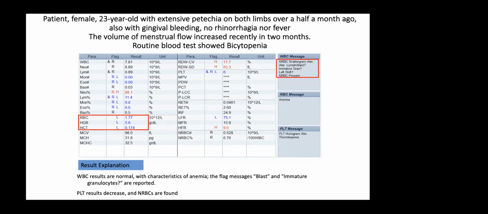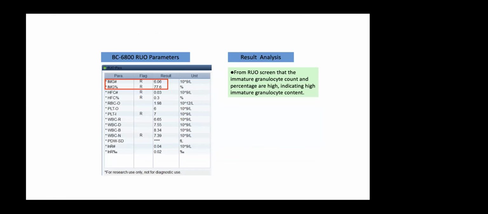Now, the WBC count appears normal at 7,000, okay? But there are flaggings of blast cells and immature granulocytes reported on the flags for the WBC. Looking at the other parameters, take note that the immature granulocyte fraction is elevated.